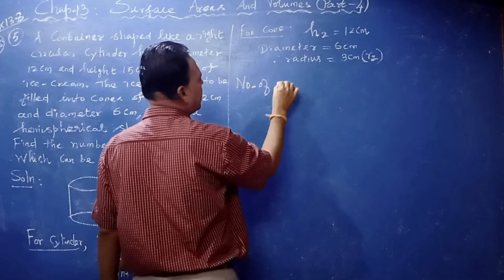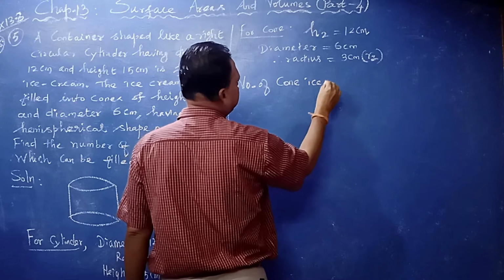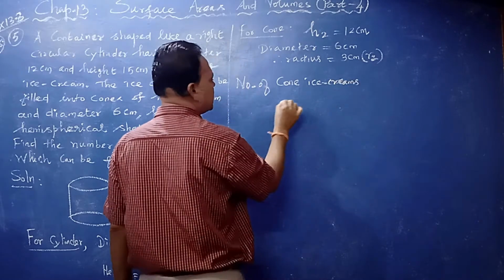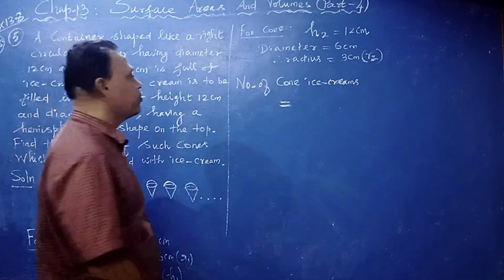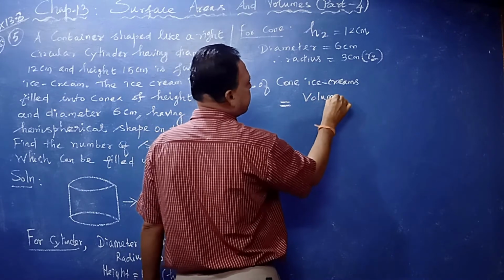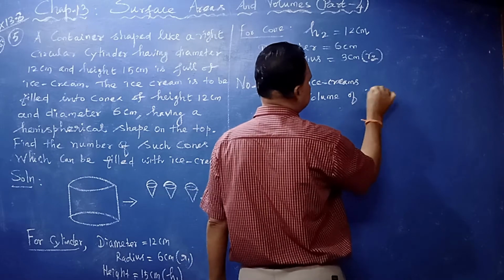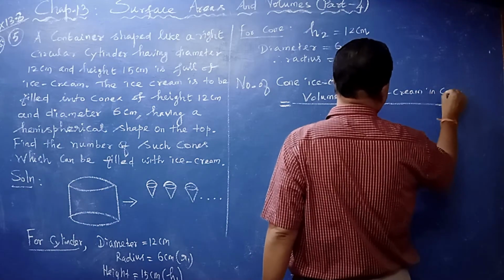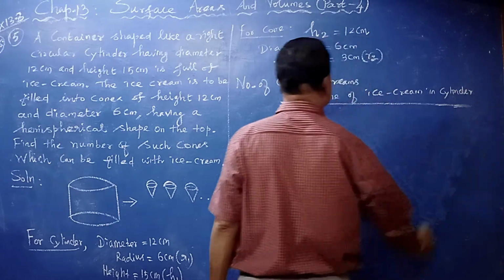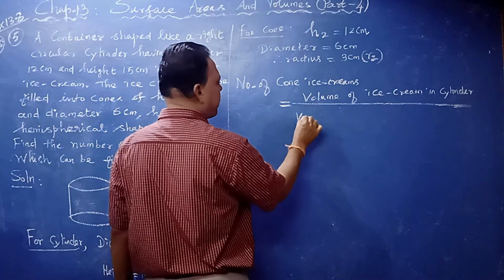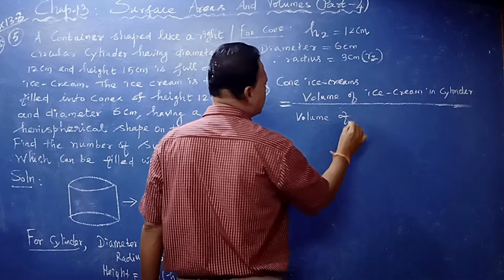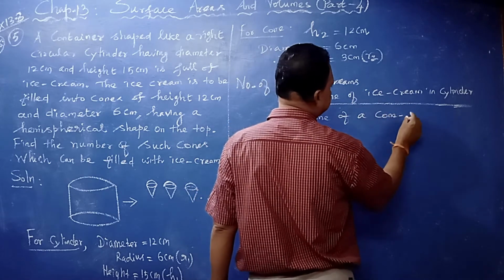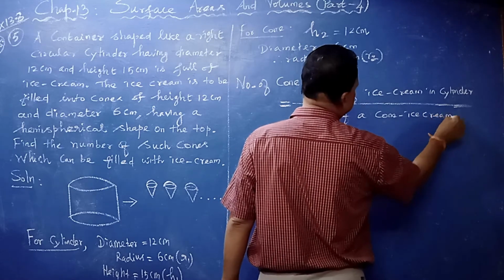Now, number of cone ice creams is equal to, this is very important, the volume of ice cream in the cylinder container divided by the volume of a cone ice cream.